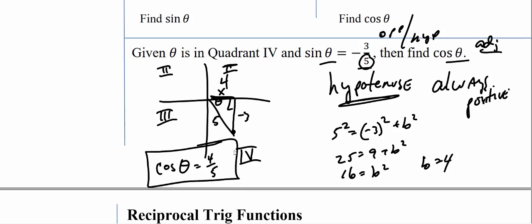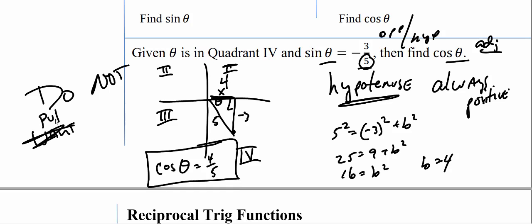Now, I do not want you to put into decimal. I don't want you to put this is 0.8. I know it's 0.8. I don't care about 0.8. 0.8 doesn't tell me anything. You will be marked wrong if you put 0.8.